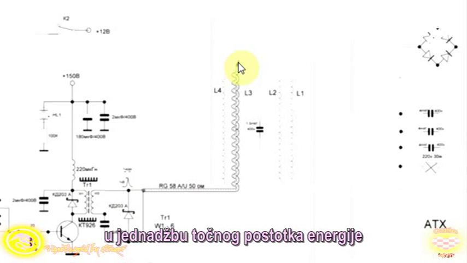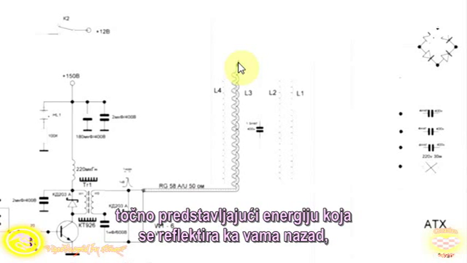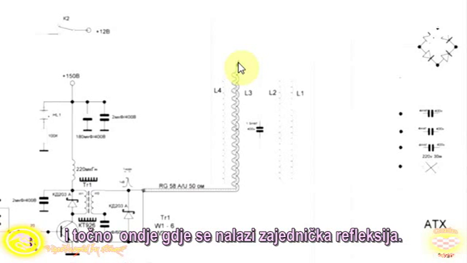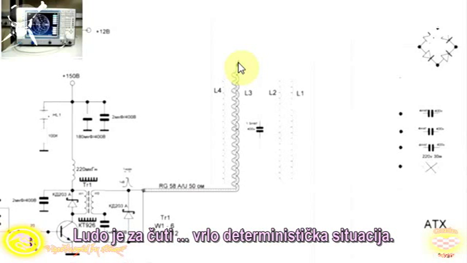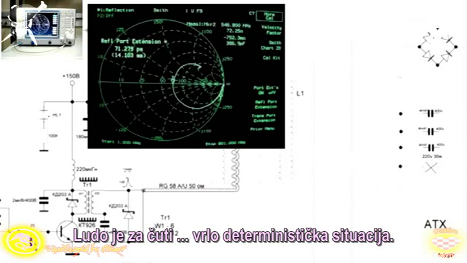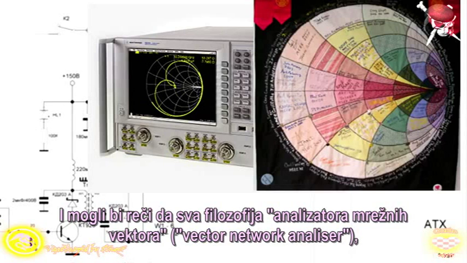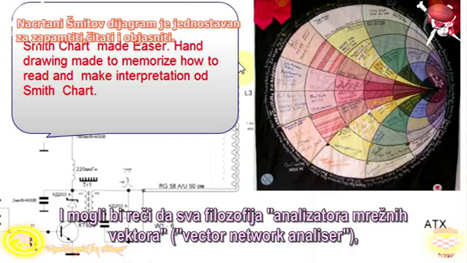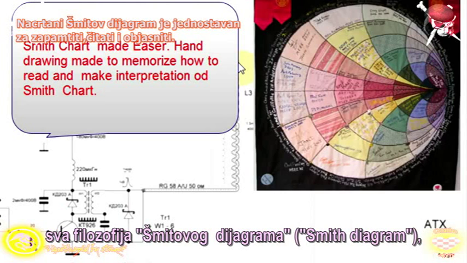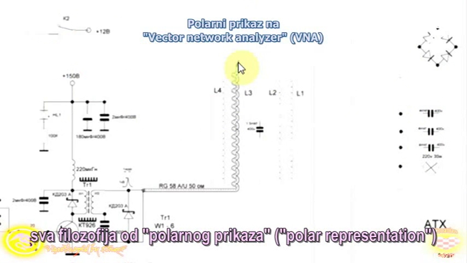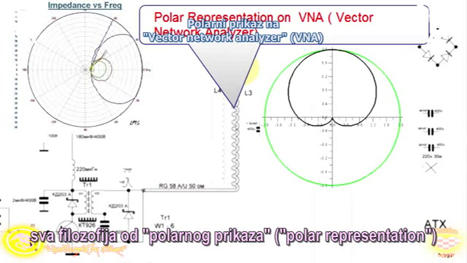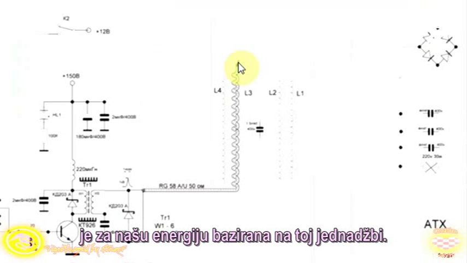That equation will tell you exactly what percentage of that energy is going to reflect back to you, and exactly what phase angle it's going to reflect. So as crazy as it sounds, it's a very deterministic situation. You could say the whole philosophy of a vector network analyzer, the whole philosophy of the Smith chart, the whole philosophy of polar representation of RF energy is all based on that equation.